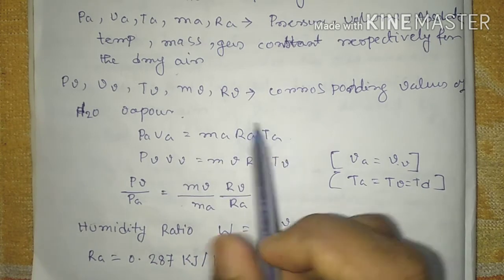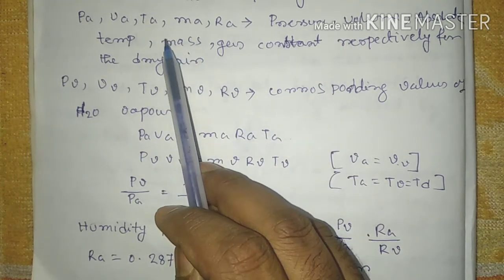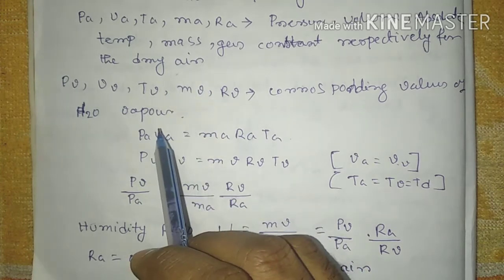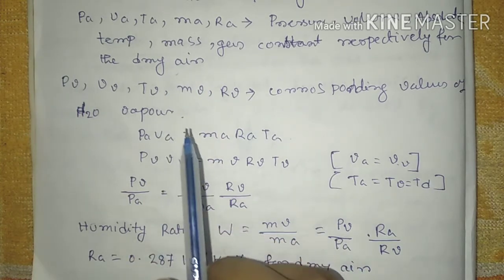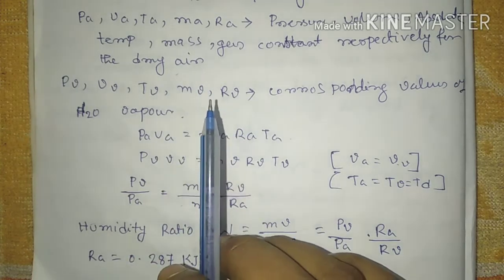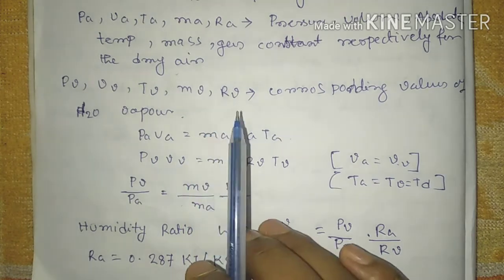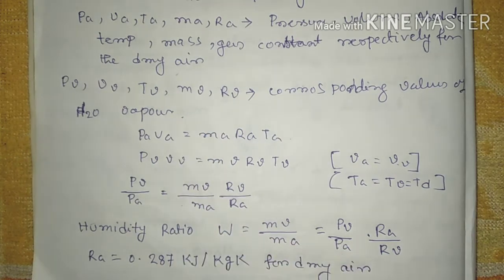Now, in the definition of specific humidity, the mass of water vapor present in a particular specific volume region, divided by the mass of dry air present in that same specific volume region.